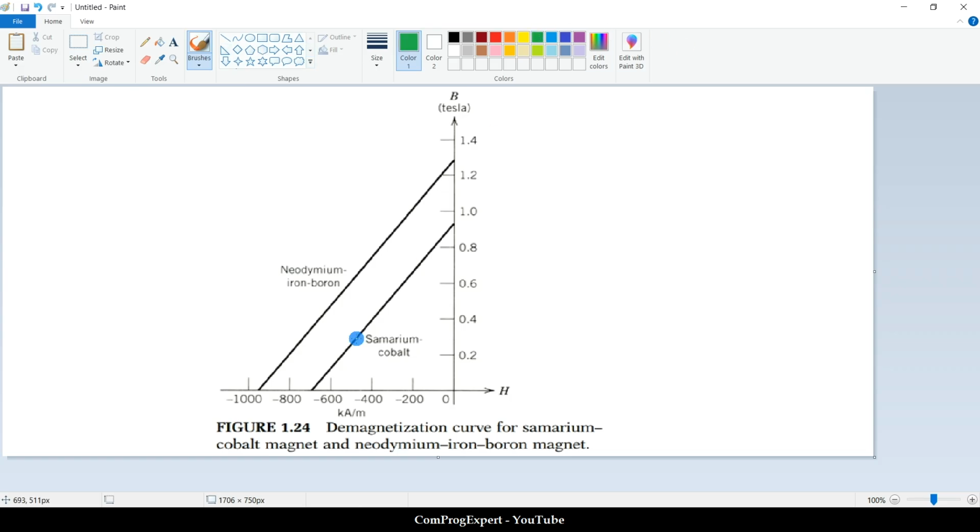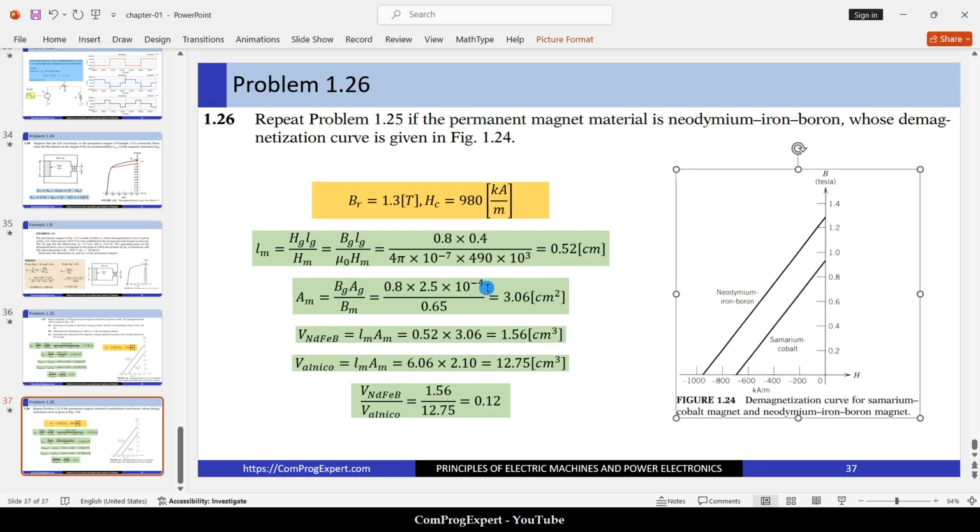And as you can see here, the maximum energy product for this permanent magnet is higher than this one. So we can reduce the volume of the magnet more. So here in this figure, approximately we have these two numbers.